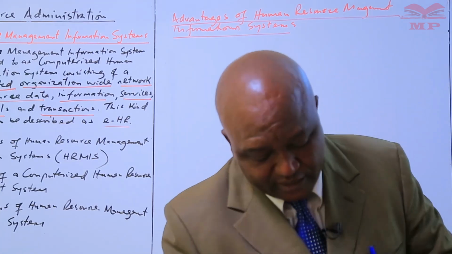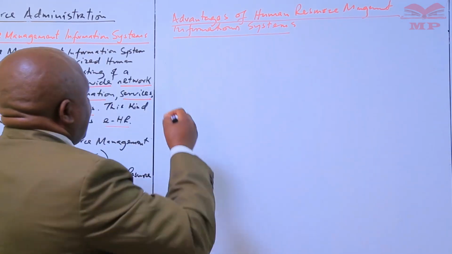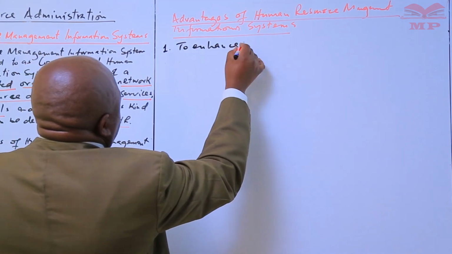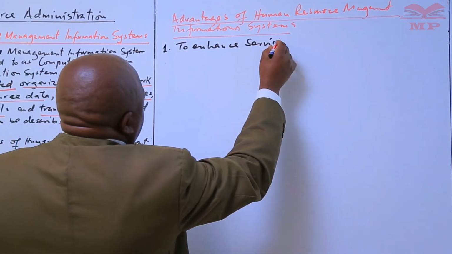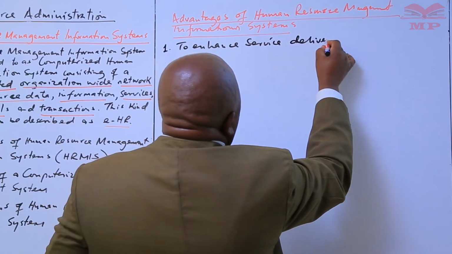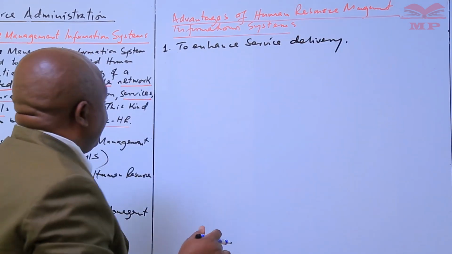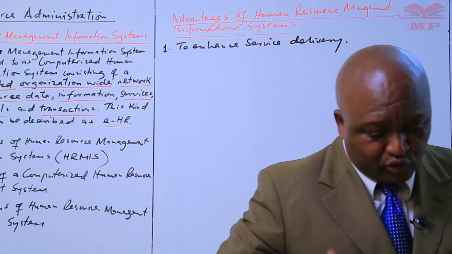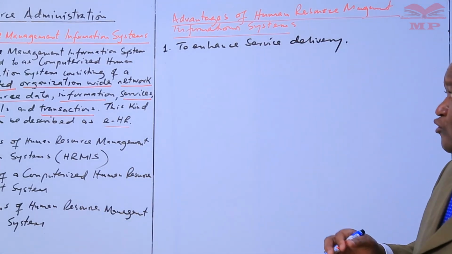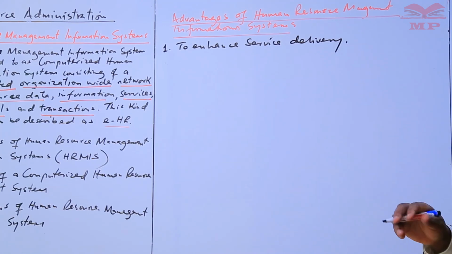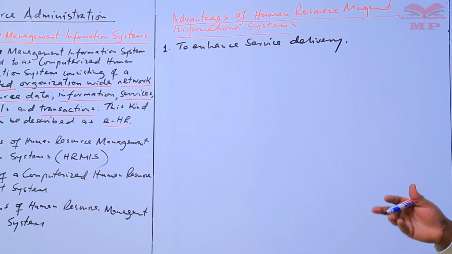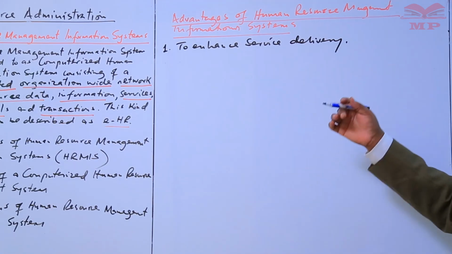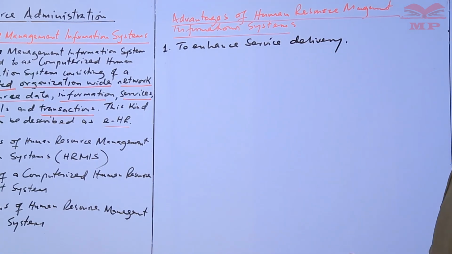The first advantage is to enhance service delivery. As we have seen in our previous lessons, the human resource function supports the other departments. So you can imagine if you have an organization-wide database and employees spread all over the continent or all over the country, and they are looking for human resource related services.